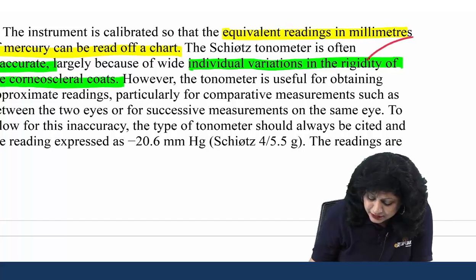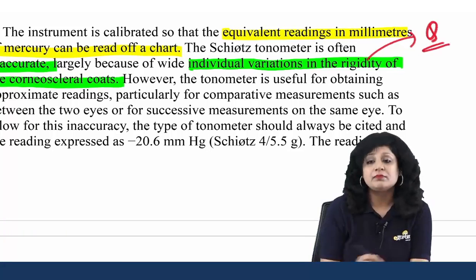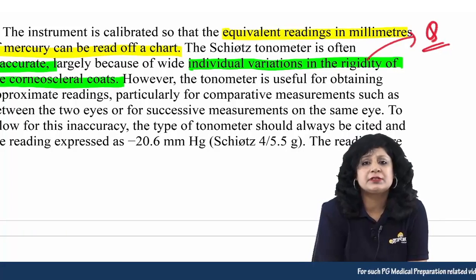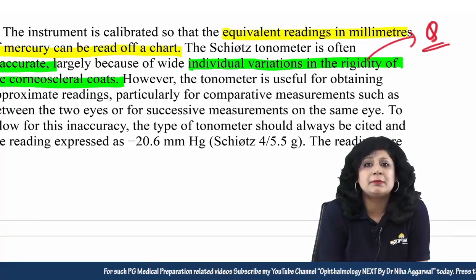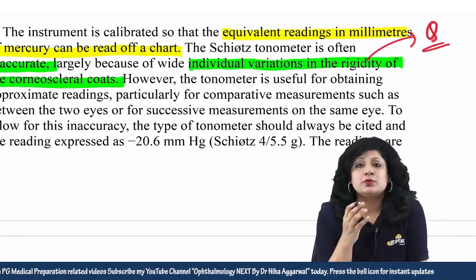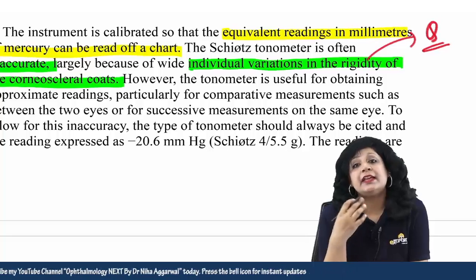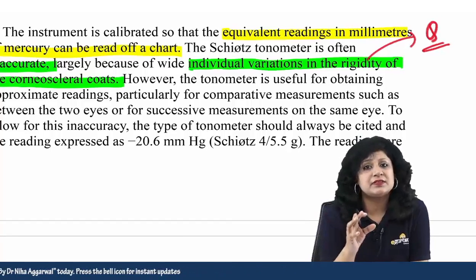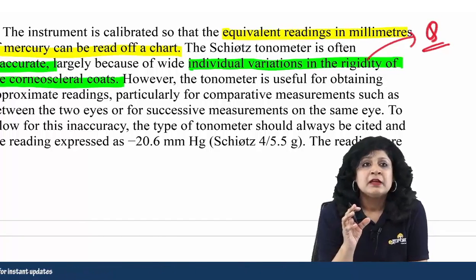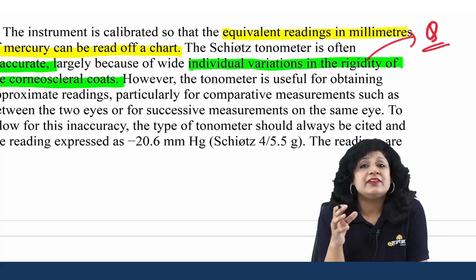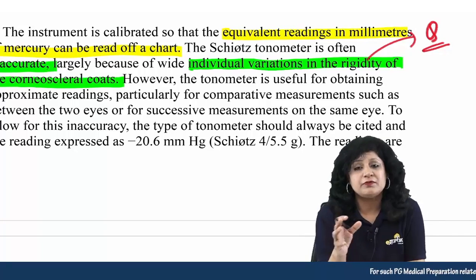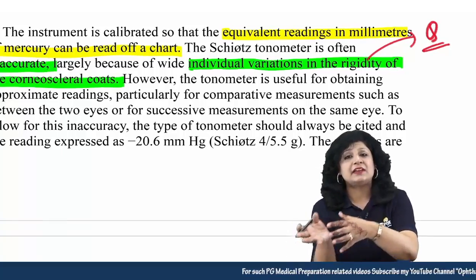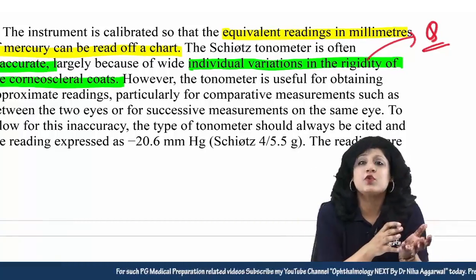Another important thing is that though it is good for screening purposes, and we are largely using this tonometer for screening, the main problem is that this tonometer depends upon indentation, and indentation depends upon the rigidity of the cornea. So we cannot exactly rely on its values, because if it is more rigid, then we will have falsely high values, and if it is less rigid, I will get falsely low values.